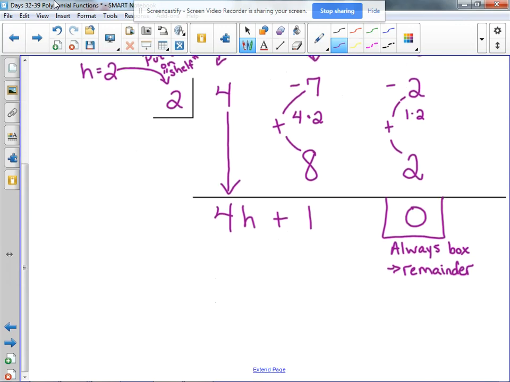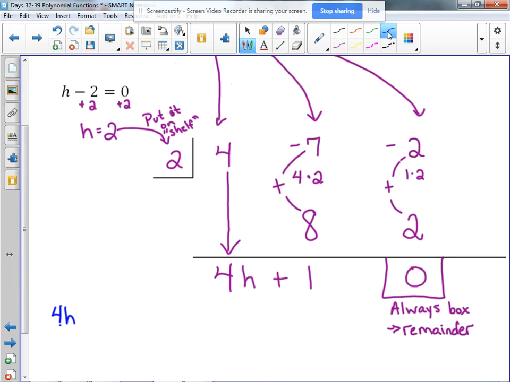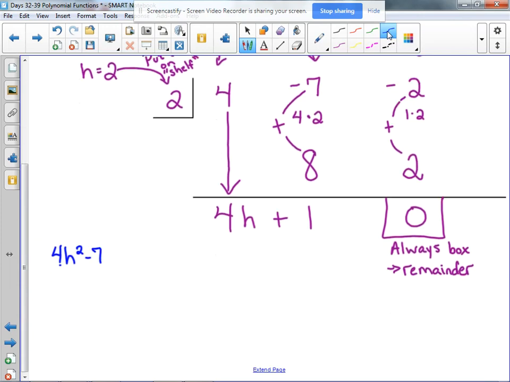Okay, so what this means is the original expression here, 4h squared minus 7h minus 2 divided by h minus 2 equals 4h plus 1. Okay, that's what it means. When we divide this quadratic by this linear factor, the result is 4h plus 1.